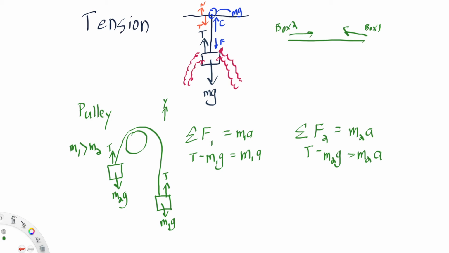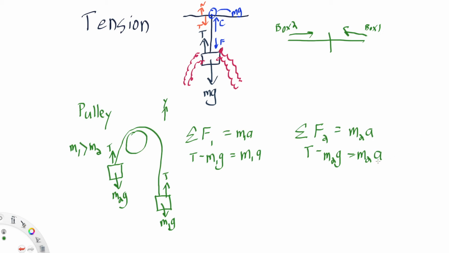So the rope exerts force toward the center of the rope. That's the first thing that we want to recognize. And the magnitude of the tension is the same everywhere in the rope. Obviously, if you're on the box 1 side of the rope, the direction of the force will be to the left, and if you're on the box 2 side of the rope, the direction will be to the right. But the magnitude of the tension is going to be the same everywhere. So actually the T's in both of these equations are the same.